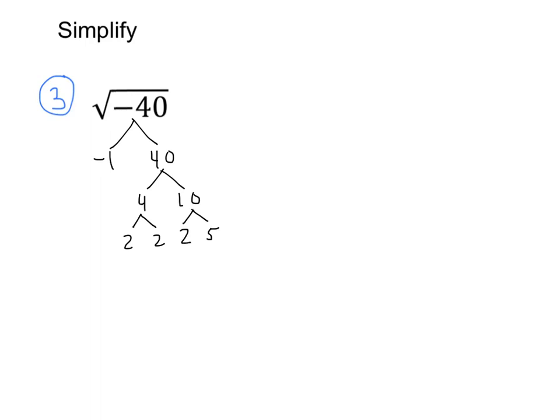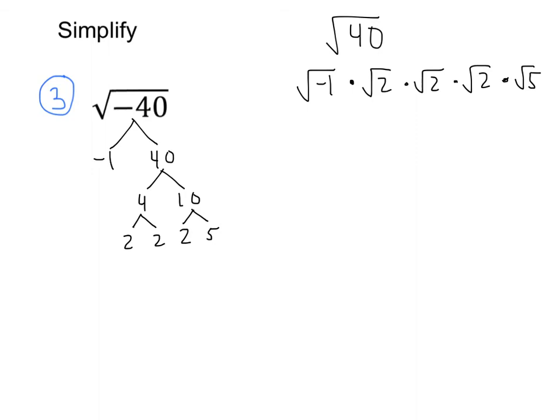Okay? Again, what's the whole point of this factor tree? The whole point of that factor tree is to show us that the square root of negative 40 can be rewritten as the square root of negative 1 times the square root of 2 times the square root of 2 times the square root of 2 times the square root of 5. Okay? And now, let's simplify this.